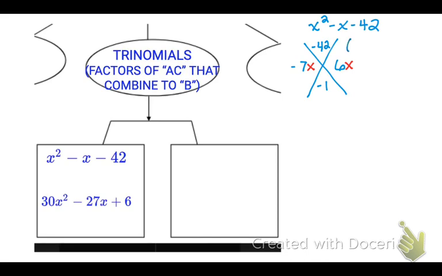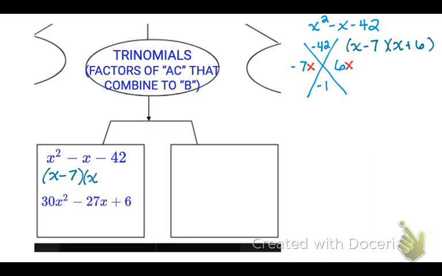So we're going to set up our two sets of parentheses, x and x, and then we have a minus 7, and we have a plus 6. So again, if we multiplied all of that together, the first two terms, the outside, the inside, the last two terms, we would get what we started with. So this is my final factorization of that quadratic trinomial.